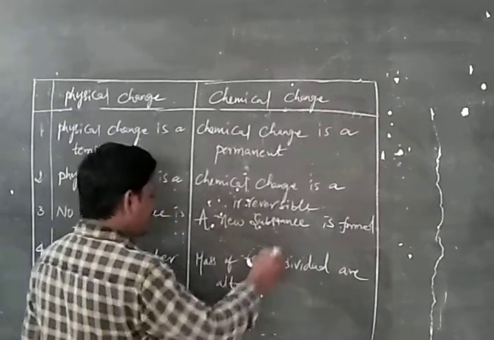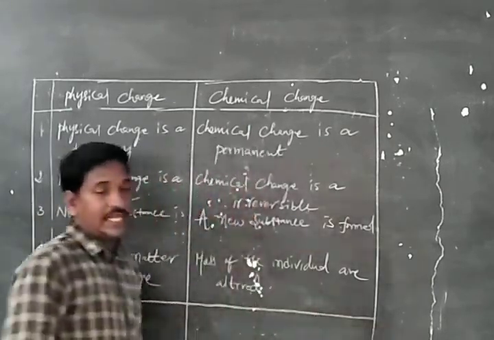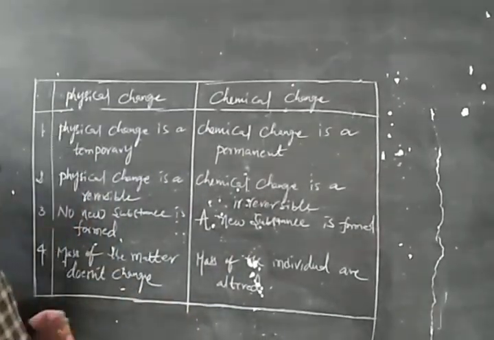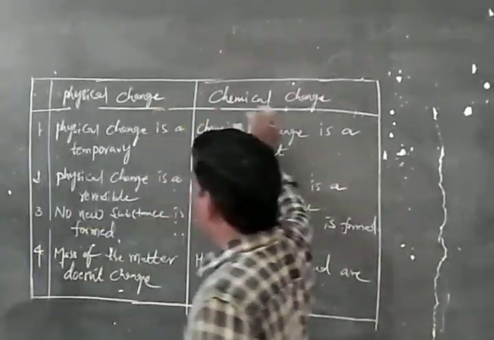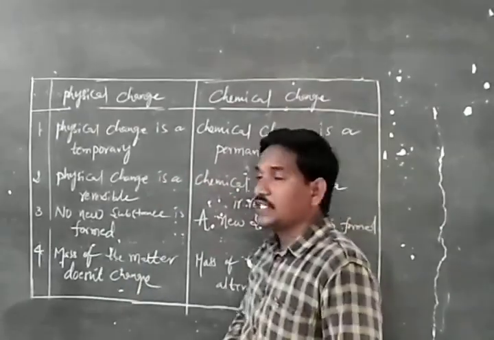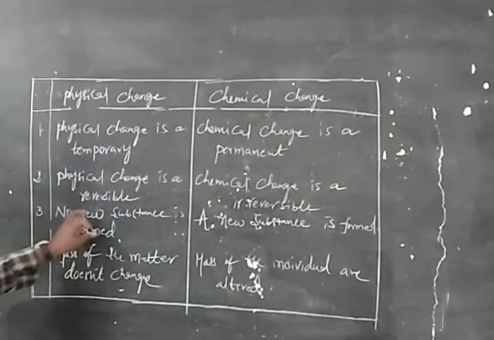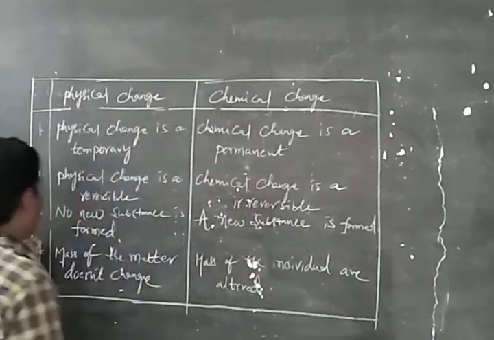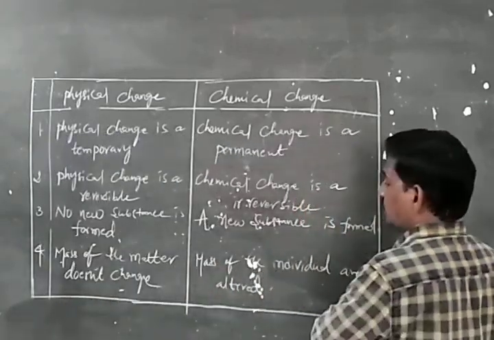Altered means, for example, the rusting of iron: the mass is more than that of the original state. So physical change is temporary and reversible, with no new substance formed, and chemical change is permanent and irreversible, with a new substance formed.